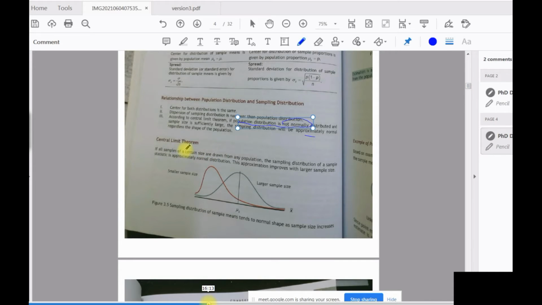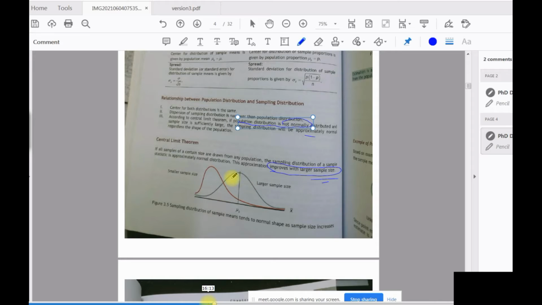Central limit theorem. What is the central limit theorem? If all samples of a certain size are drawn from any population, the sampling distribution of the sample statistic is approximately normal. The approximation improves with larger sample size. So we have a smaller sample size, and the larger sample size. Larger sample size gives us a normal distribution.